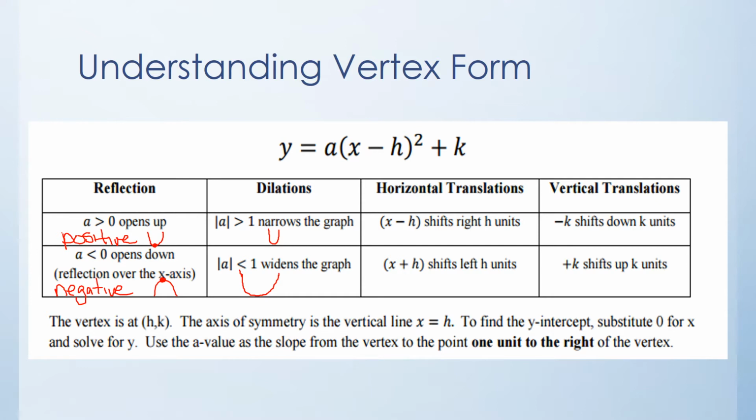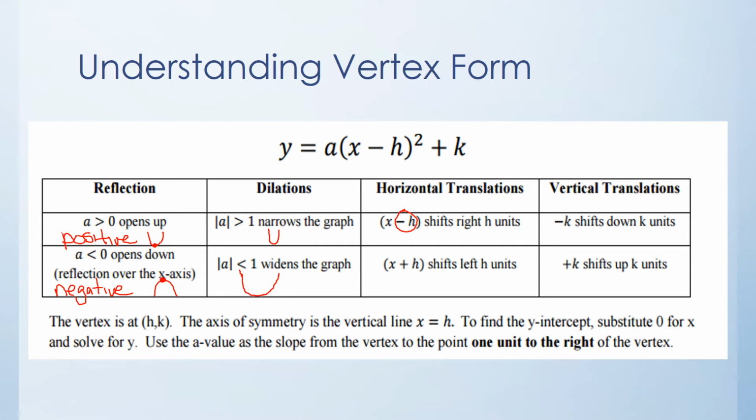If the absolute value of a is greater than 1, it narrows the graph, so our graph is going to be skinnier. If the absolute value of a is less than 1, then our graph is going to be bigger like that. This shifts it right h units because remember I said what's inside the parenthesis does the opposite. So it's going to shift it to the right.